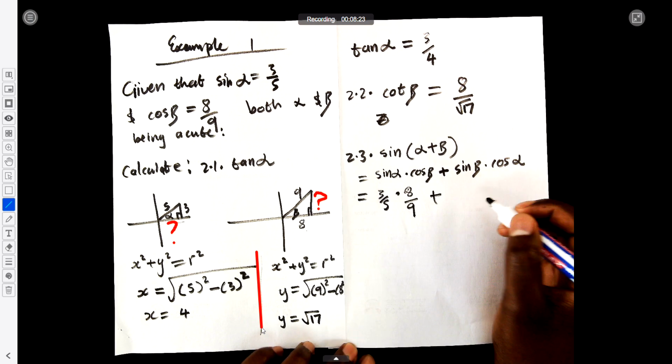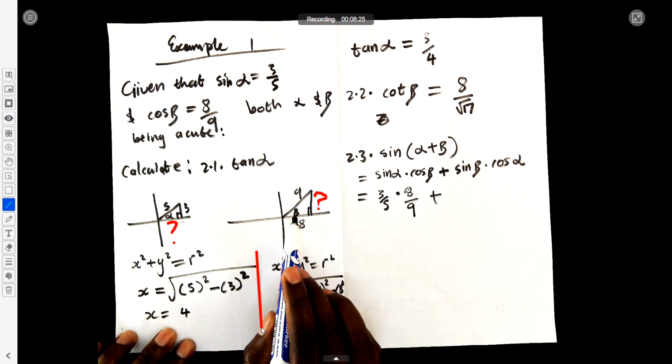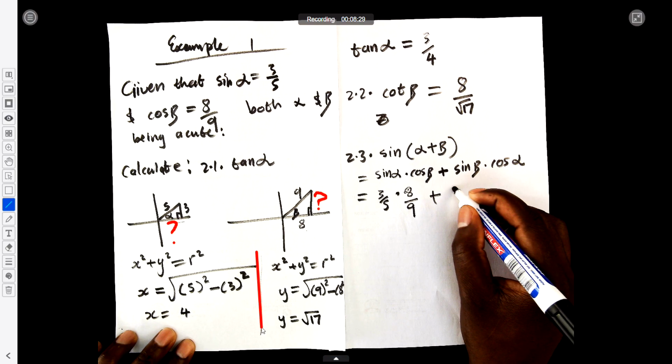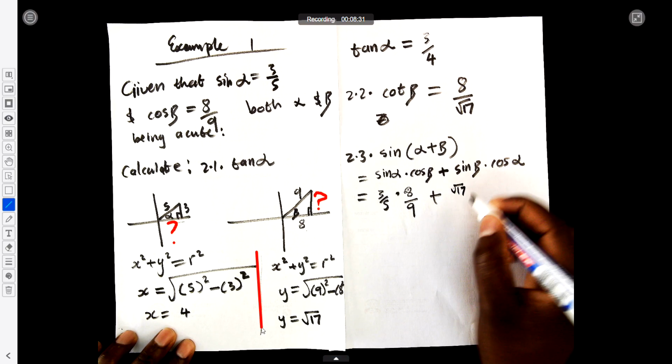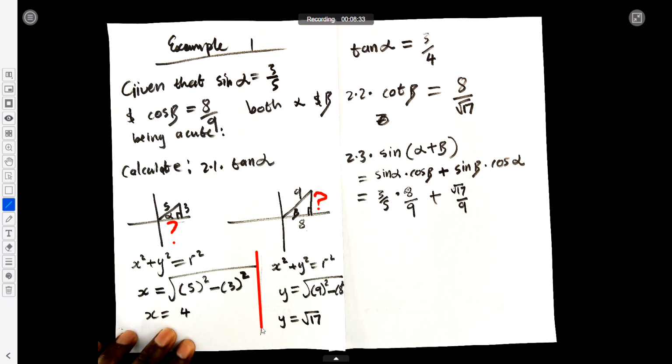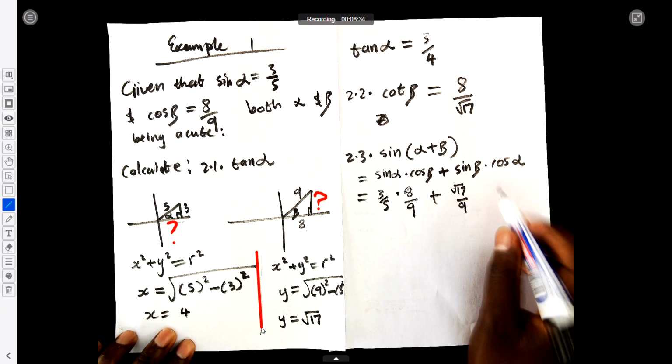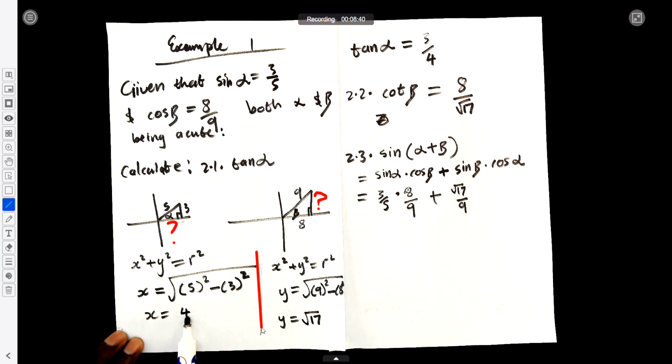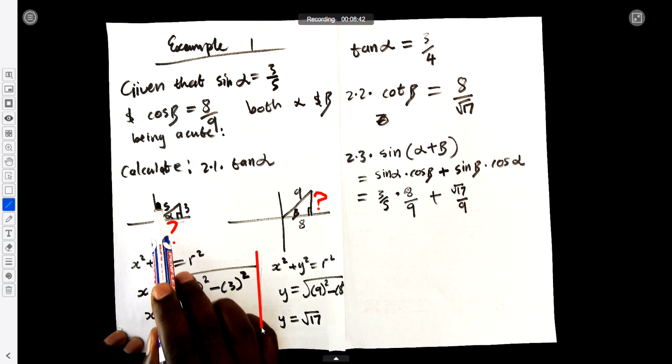Plus sine beta, opposite over hypotenuse, which we calculated as root 17 over 9, times cos alpha, adjacent over hypotenuse, which is 4 over 5.